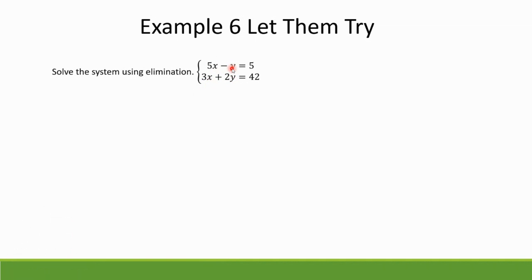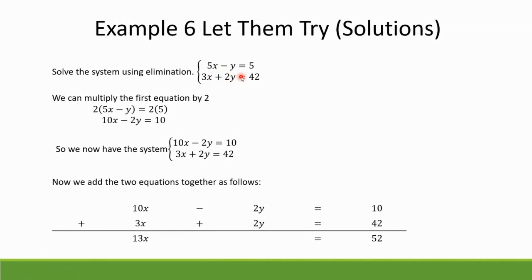So because these coefficients are easier to work with, let's try eliminating y. We can do that because we can just multiply the first equation by 2. If I multiply the first equation by 2 and then add, the y's would cancel.